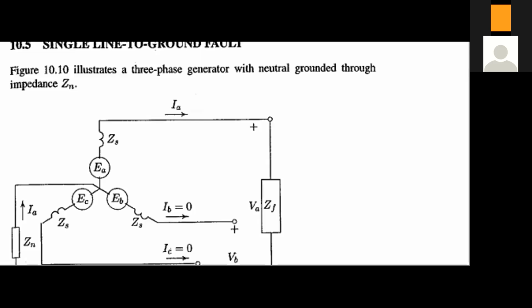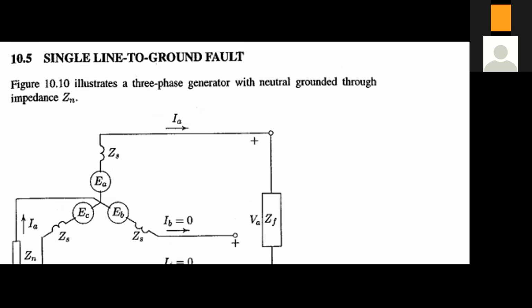There might be different possibilities there. We started the discussion with single line to ground fault, which I will review at the beginning so that you can get that idea once. Okay, single line to ground fault.